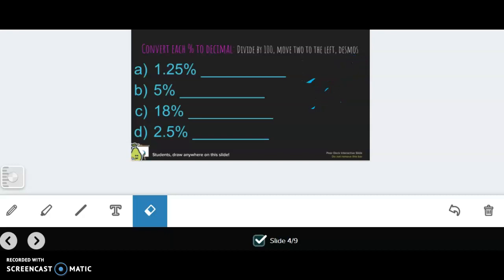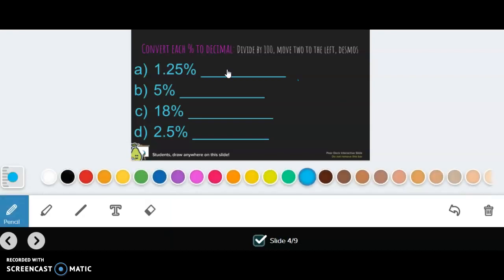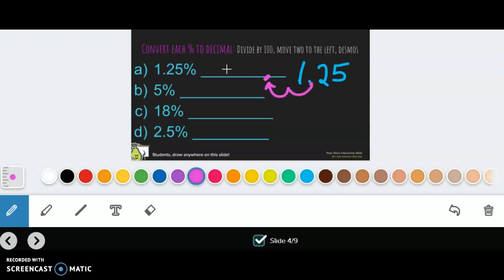The other way is to take your decimal and move it 2 times to the left. Okay, the hard thing about that is remembering to move it, right? So you're taking your decimal, you move it 2 times to the left. So your answer would be 0.0125.